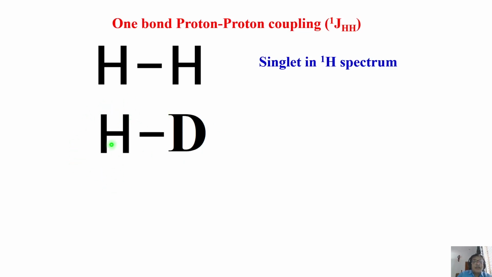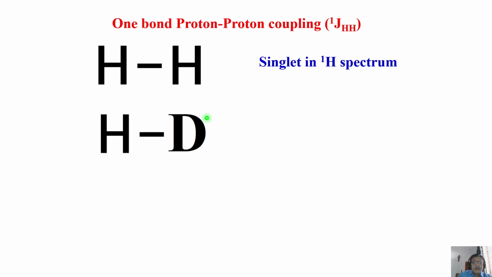What will happen to the proton peak? Remember, we discussed this in CDCl3: a spin half nucleus coupled to a spin 1 nucleus. Then this proton will be split into 3 lines, or 3 peaks, of equal intensity 1:1:1, because deuterium, spin 1, has 3 energy states: -1, 0, +1.